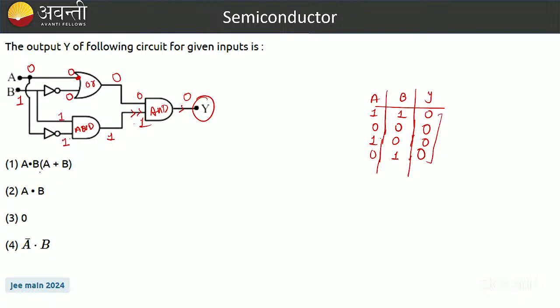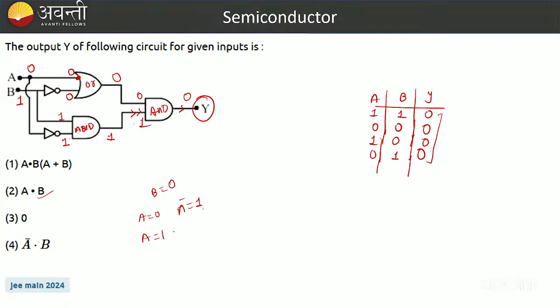So which expression is satisfying this? Clearly A dot B is not satisfying it. A bar dot B is also not satisfying because when A is 0, A bar will become 1. Got it? And if B is 0, it will be 0, 1 always.